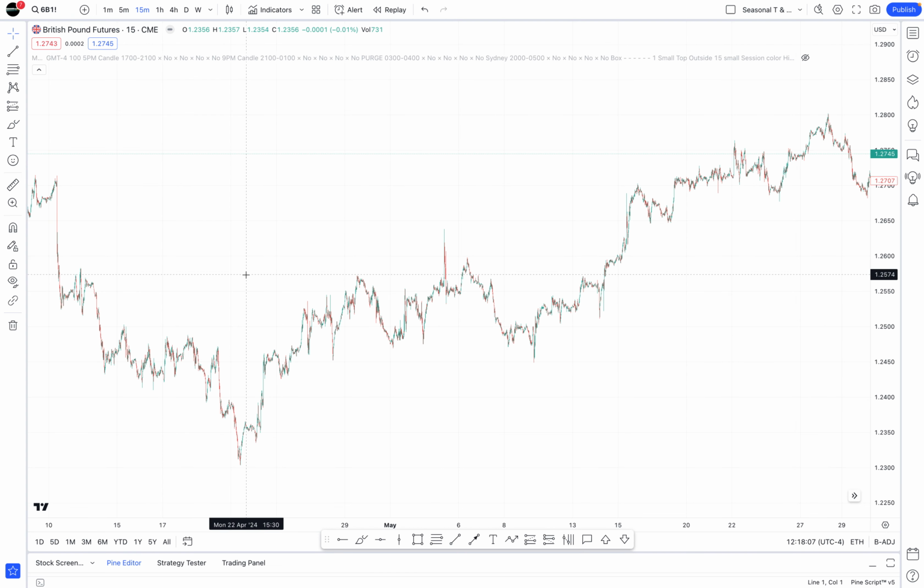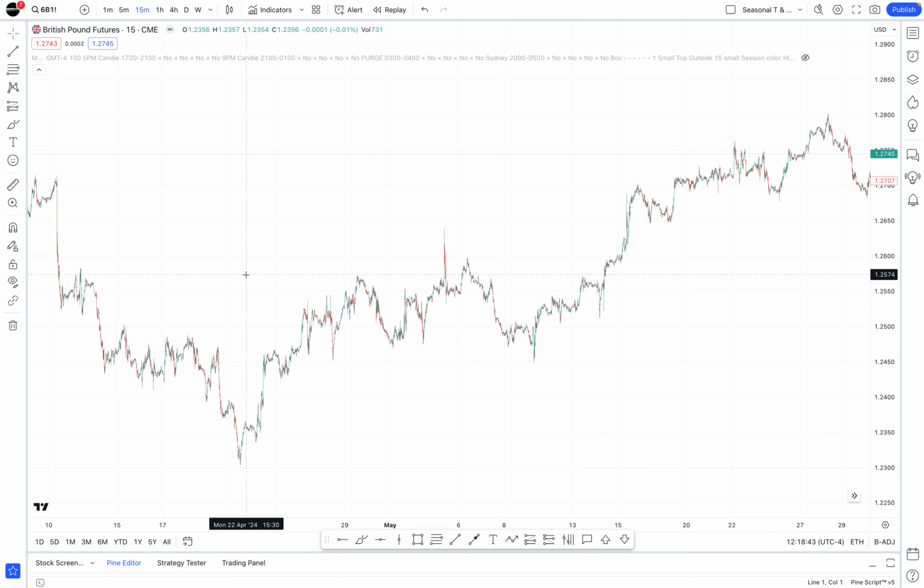So we are looking at March. Third Wednesday, 10 a.m. And we are looking at the previous Monday, 9:16 a.m. So I'm going to use a 15-minute chart.